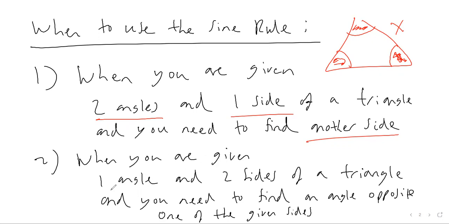And also when you are given one angle and two sides of the triangle, you can use the sine rule to find one of the angles opposite one of the given sides.